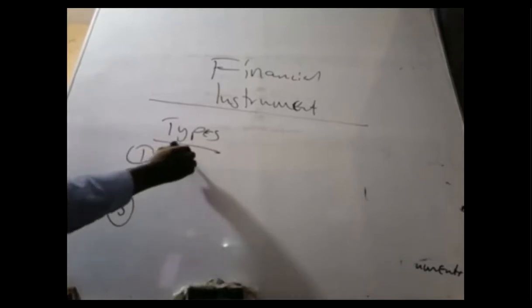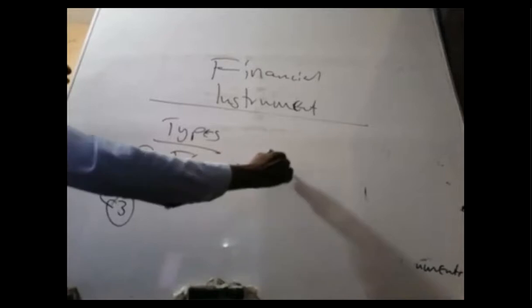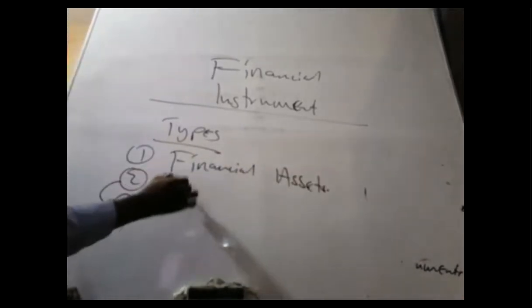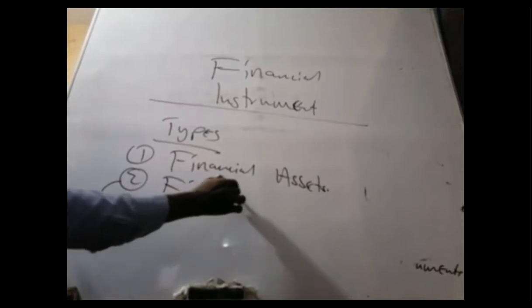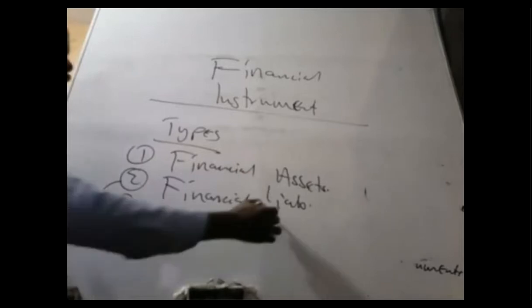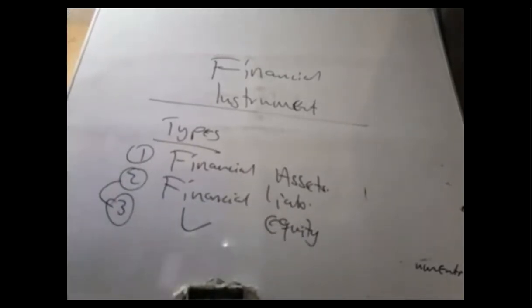We have financial assets, so we should know how to record financial assets, financial liability, and financial equity. These are the types of financial instruments. So take notes, and we should look at how best we are going to record them.